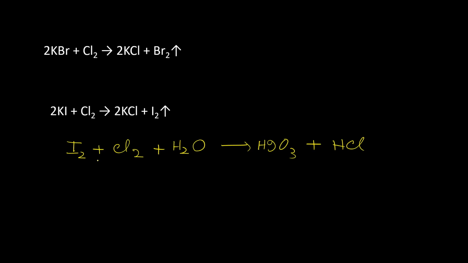So chlorine oxidizes iodine to iodic acid, which is colorless and soluble in water. That's why that violet color of the organic layer disappears. So if you balance this equation, here it will be 5, then here it is 6, and here it will be 2, and here it will be 10. So that's why with excess of this chlorine water, that violet color of the organic layer disappears.